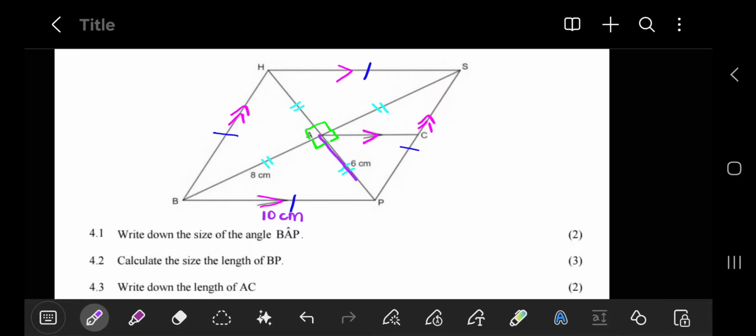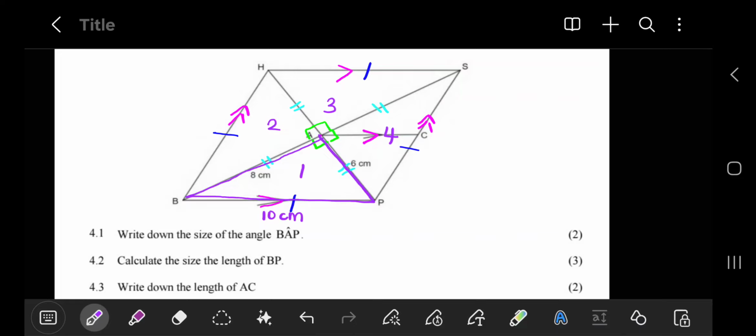What this now tells us is each of these triangles is a right-angled triangle. So we've got 1, 2, 3, 4 right-angled triangles, and what do we know about them? They are identical. They're all exactly the same. This is a rhombus.